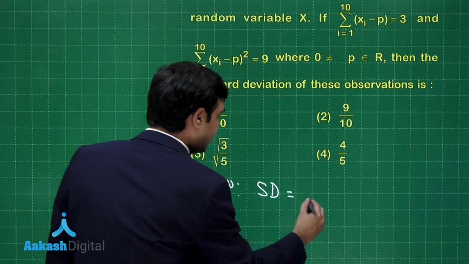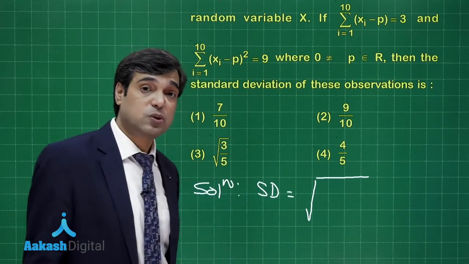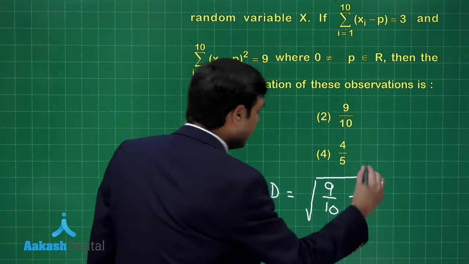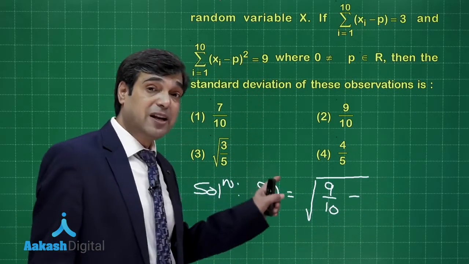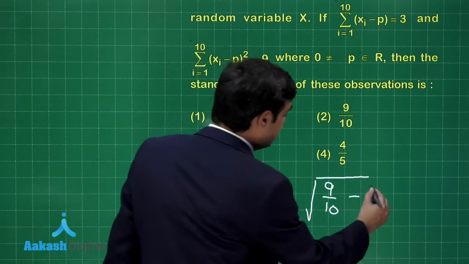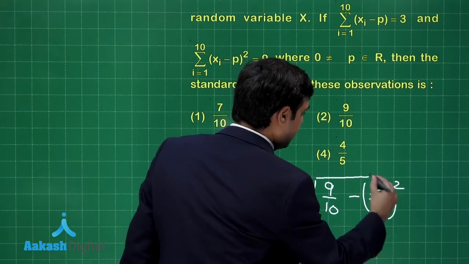Standard deviation is square root of summation xi minus p whole square upon n, that is 9 by 10, minus summation xi minus p upon n whole square, that is we have 3 by 10 whole square.